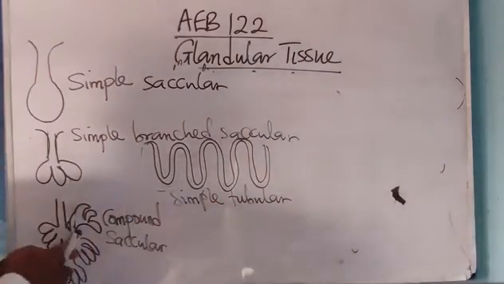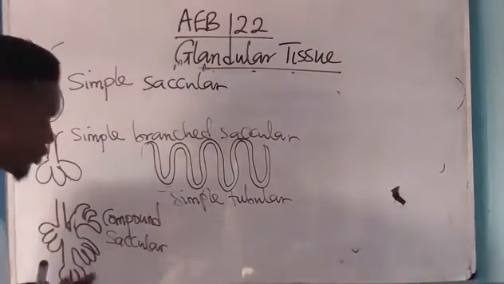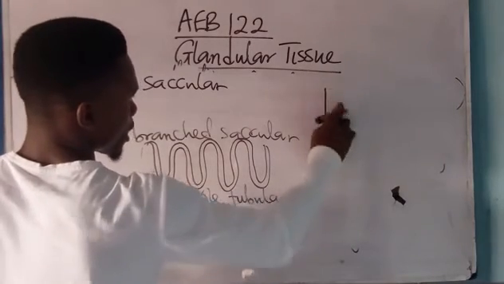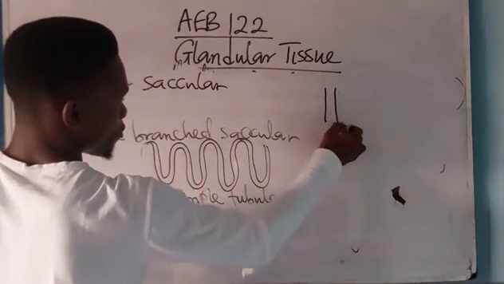You now also have one called simple areolar. I'll stop here. Simple areolar is found in the alveoli of the lungs.